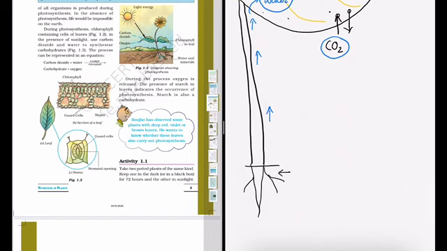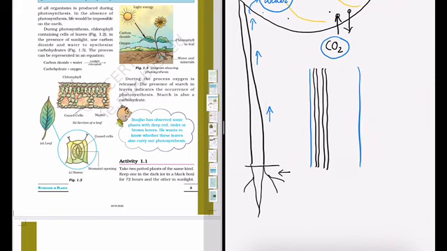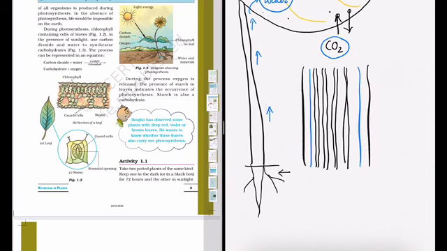Now, if we see a stem properly, inside the stem there are pipe-like structures. Very small, long and thin pipe-like structures are there inside the stem. These pipe-like structures are called vessels.